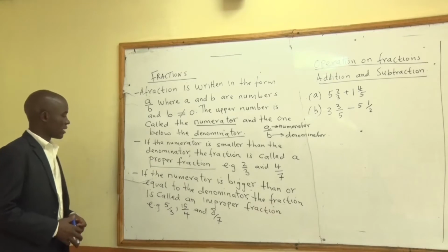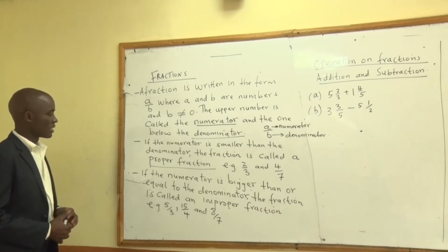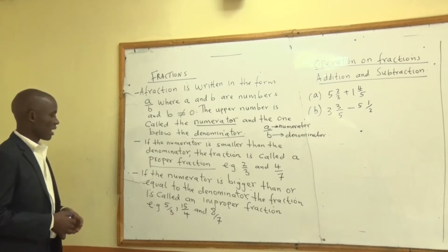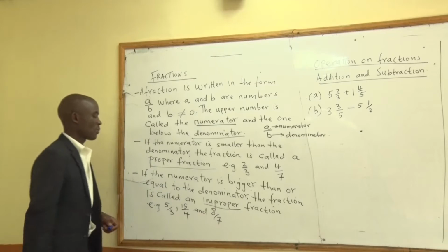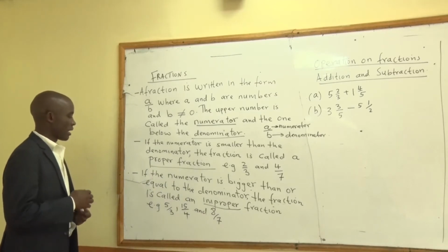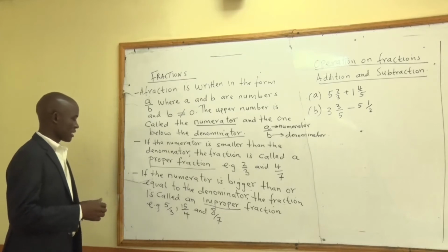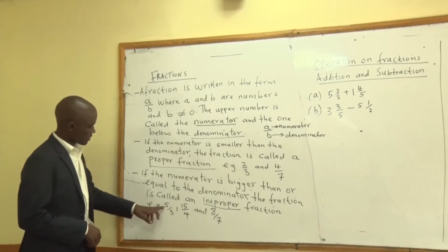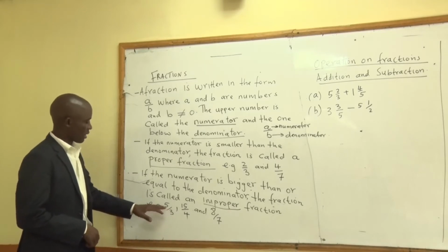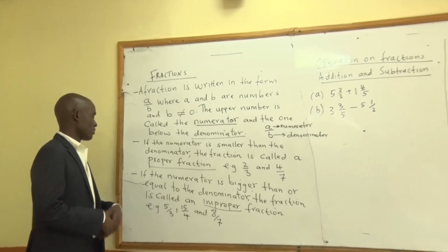Next point, if the numerator is bigger than or equal to the denominator, the fraction is called an improper fraction. Underline this: it is an improper fraction. If the upper number is bigger than the lower one, then of course that expression is called an improper fraction. So 5 is bigger than 3, meaning a bigger number cannot be carried by a small number, so that one is called improper.